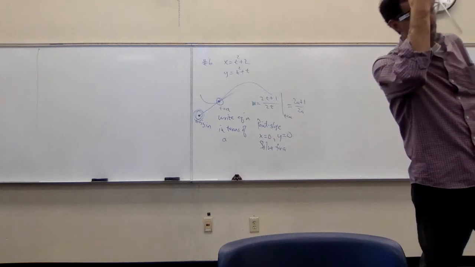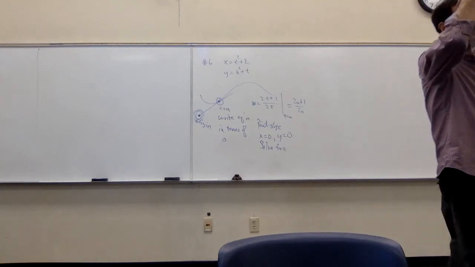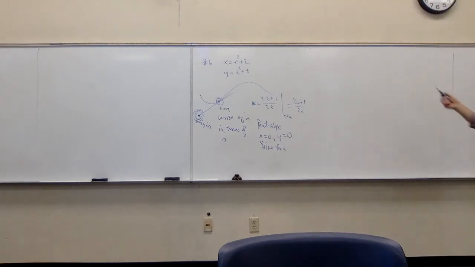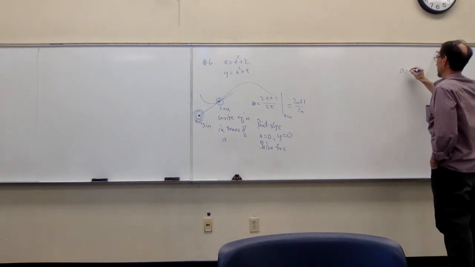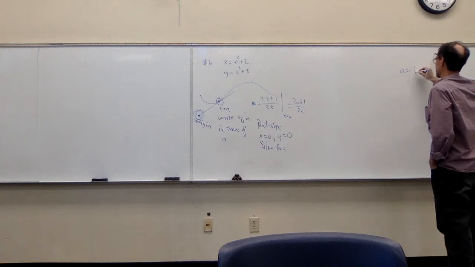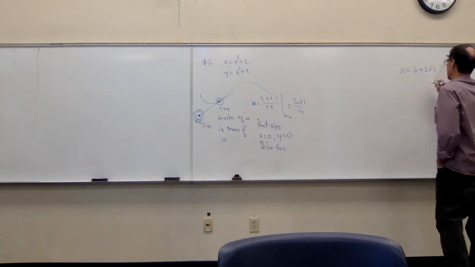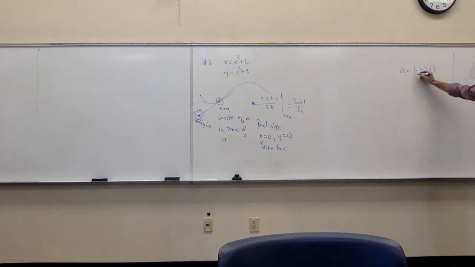And I think this problem asks for the exact answer. So let's say for somebody's problem who was in my office today, the value of A was 6 plus 2 square roots of 3, I think. You have to input the answer like that.